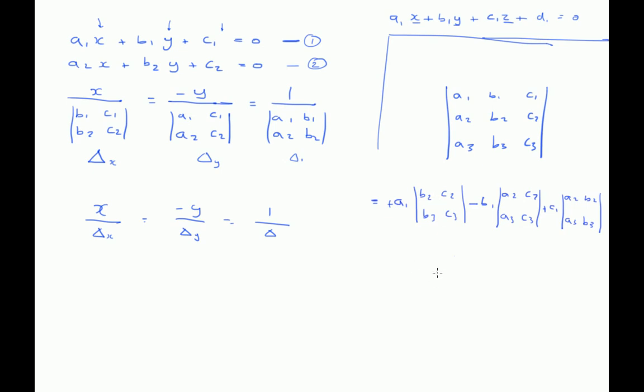If you remember, it's plus this diagonal minus this diagonal, so that becomes A1 times (B2C3 minus B3C2).